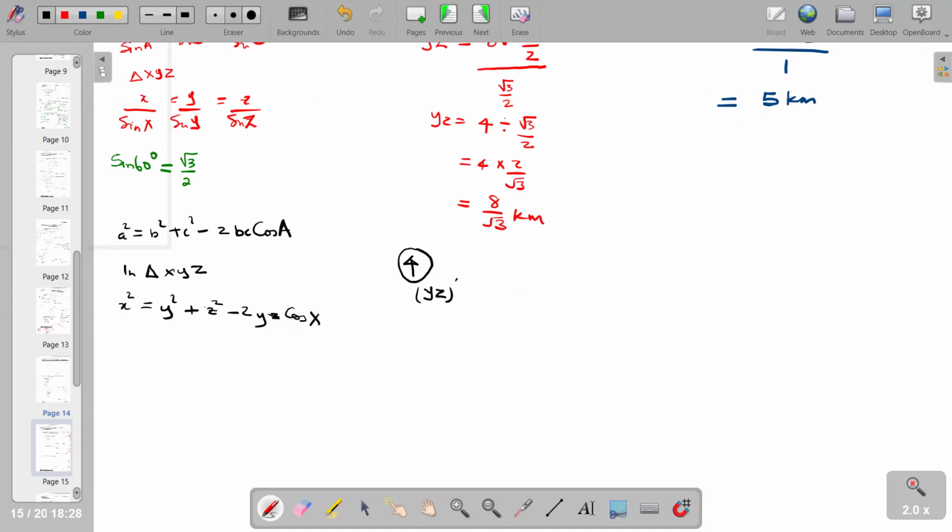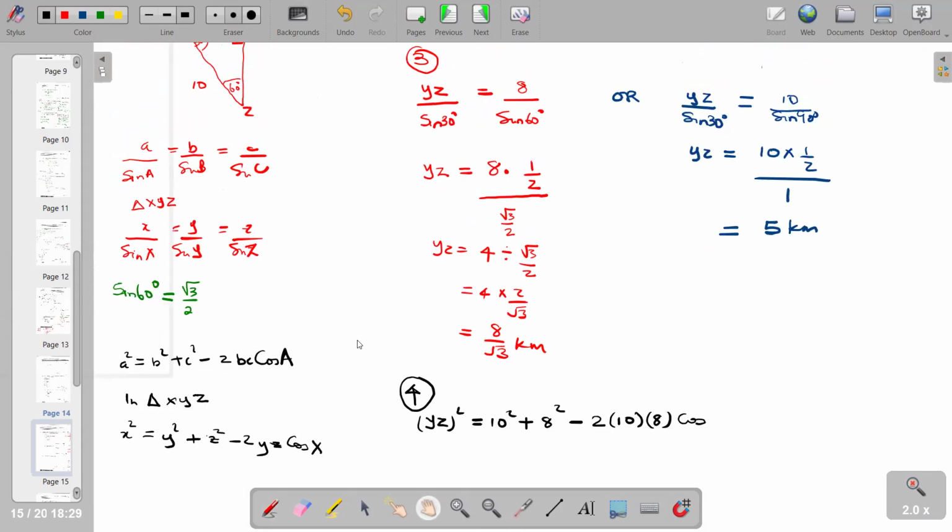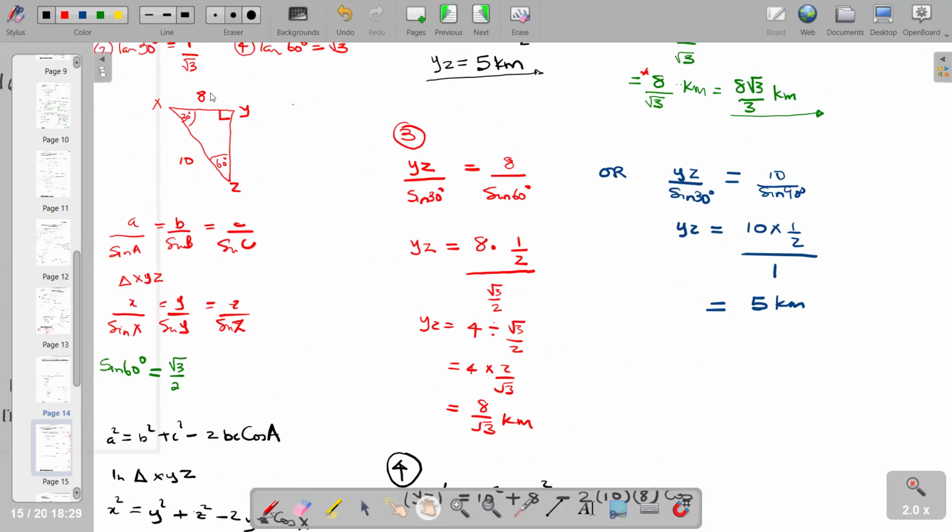YZ squared is going to be equal to the sides that we know: 10 squared plus 8 squared minus 2 times 10 times 8 times cos. If you check on the diagram, the angle between the sides that we know is 30 degrees.